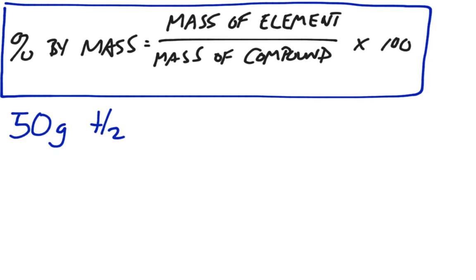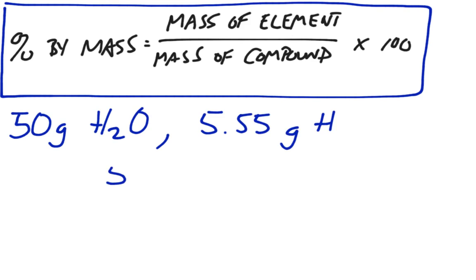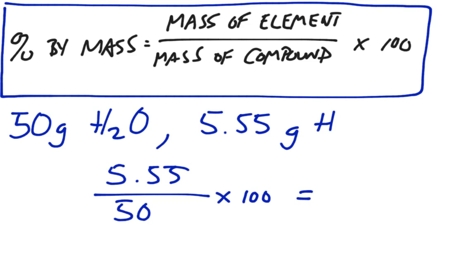And in that 50-gram sample of water, you determined that 5.55 grams of that was hydrogen. To solve this problem, you would take 5.55, divide it by 50, the mass of the compound, and multiply it by 100. When doing so, you'd find that hydrogen makes up 11.1% of all water.